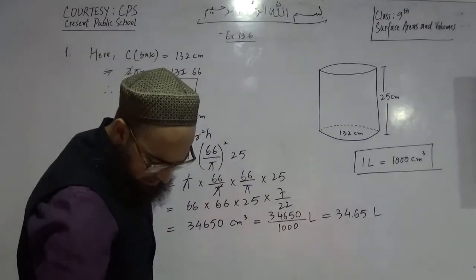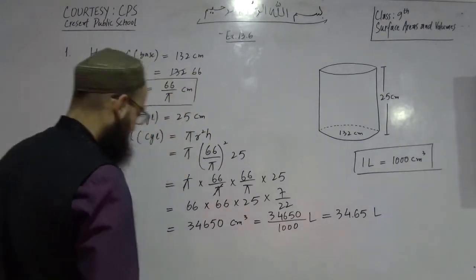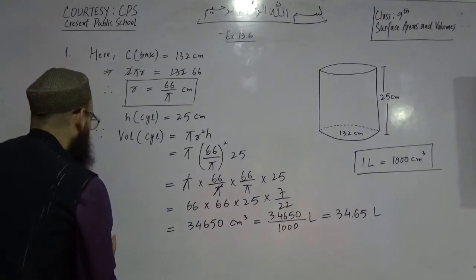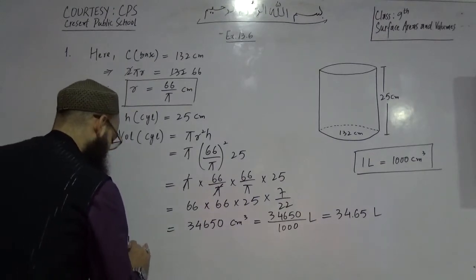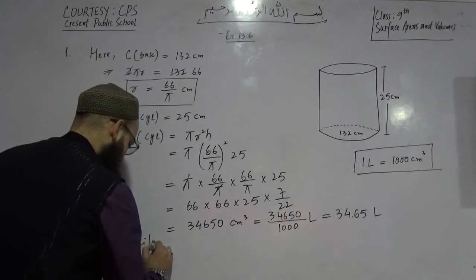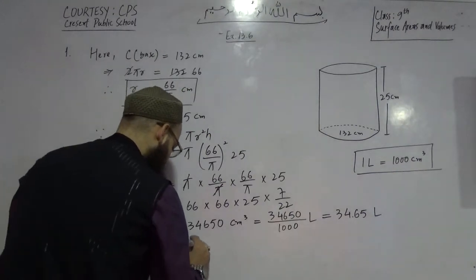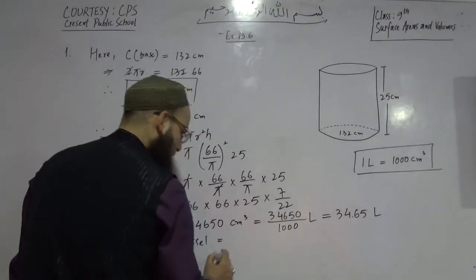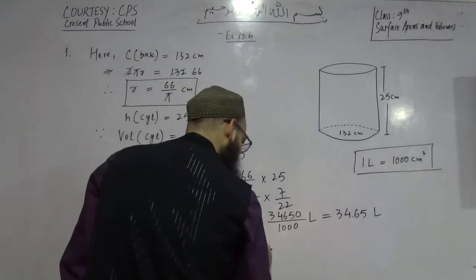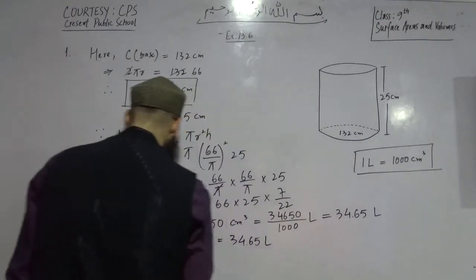So you can write therefore, capacity of vessel is equal to 34.65 liters.